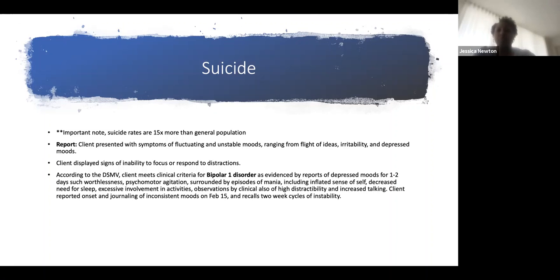Also indicated: highly distractible and increased talking. Client reported the onset and journaling of inconsistent moods on February 15th and recalls 2-week cycles of instability.